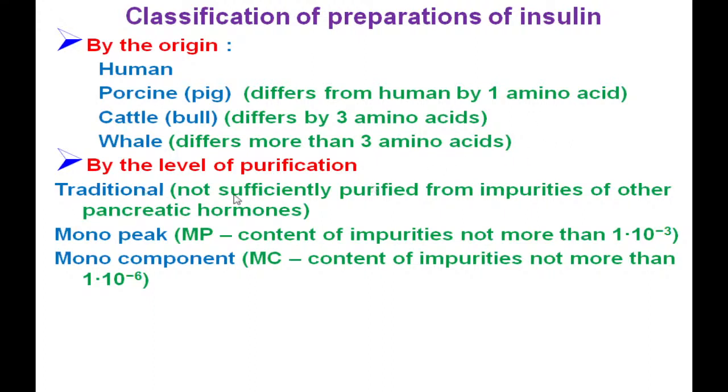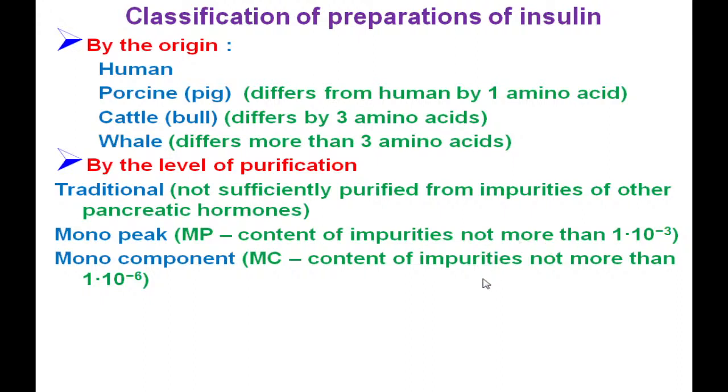By the level of purification, preparations of insulin are divided into 3 groups: traditional, monopeak, and monocomponent. Traditional, this is old insulin, not sufficiently purified from impurities of other pancreatic hormones. Monopeak, content of impurities not more than 1 times 10 to the power minus 3.